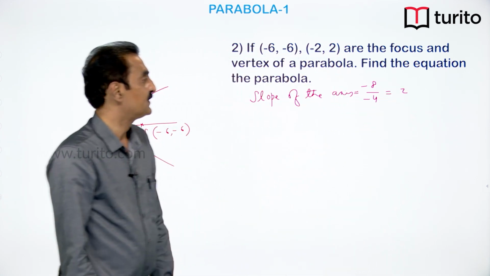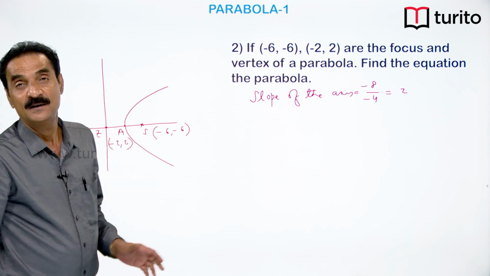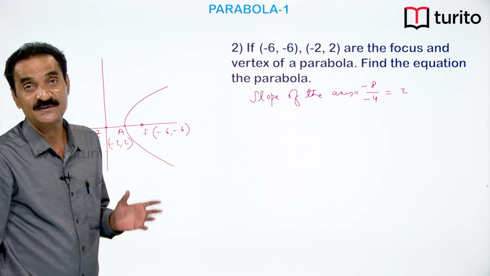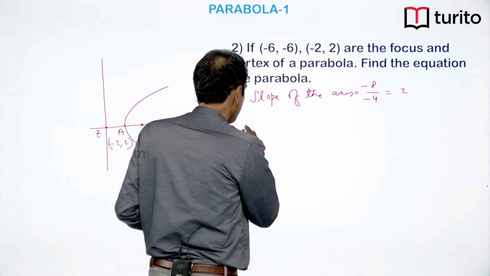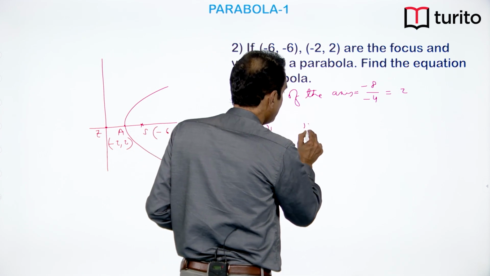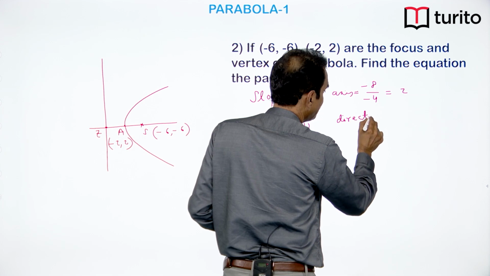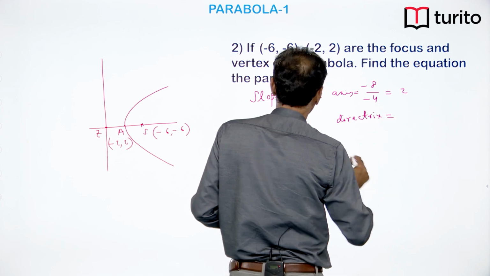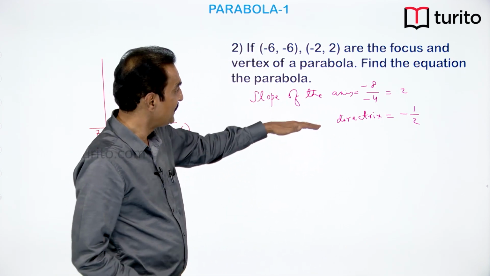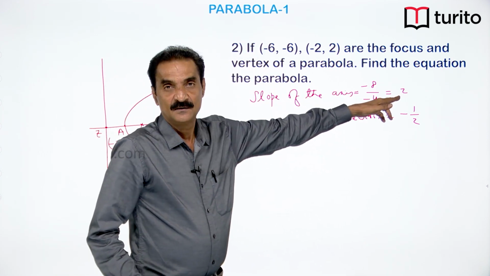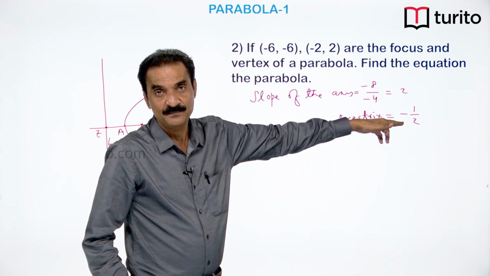It is 2. Slope of the axis is 2. Therefore, slope of the directrix will be -1/2 because it is perpendicular to the axis. If the slope of a line is m, slope of a perpendicular line is -1/m.